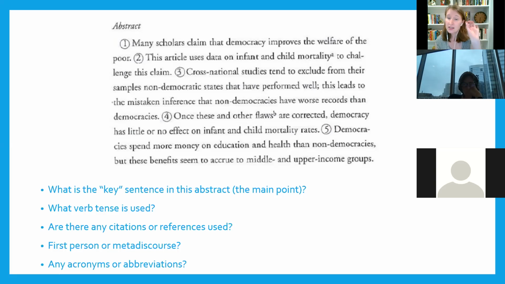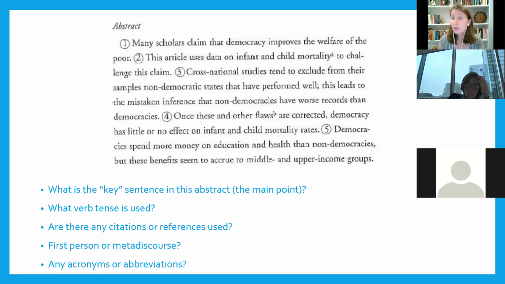But in fact, this is from a textbook, and the textbook is actually explaining some vocabulary here. So the A and B that we see in superscript is not actually a citation. So I should have told you that. But if you were just looking at this without knowing the textbook, this absolutely looks like it has a citation, but it does not. So there are actually no citations or references, no specific references being used in this abstract.